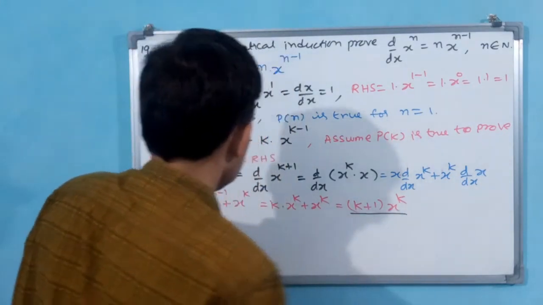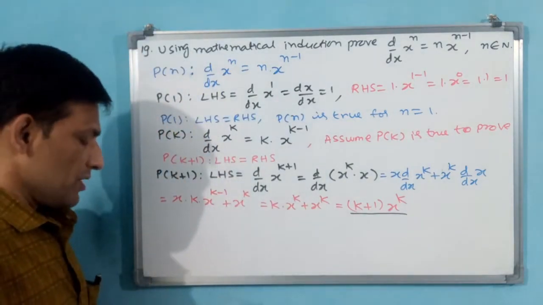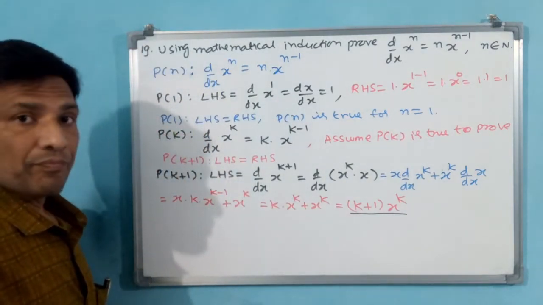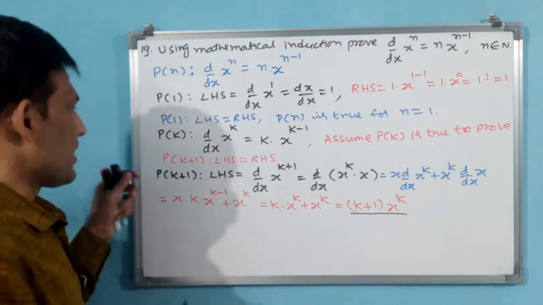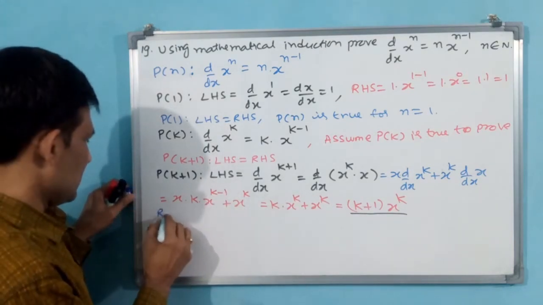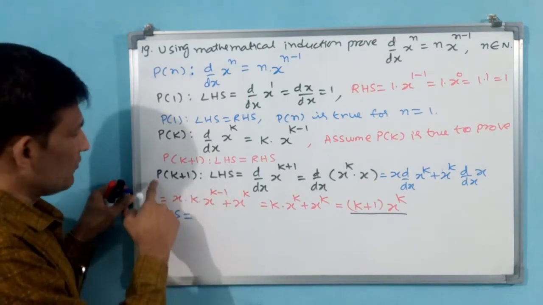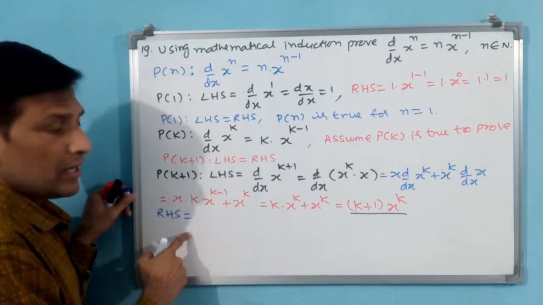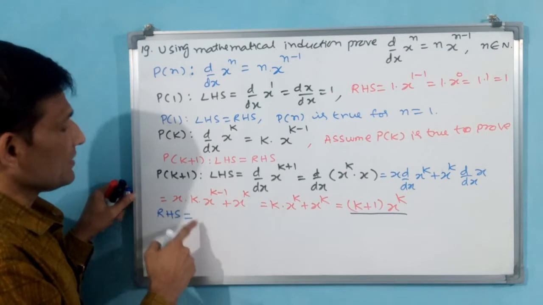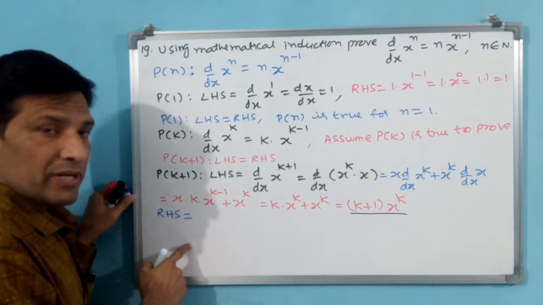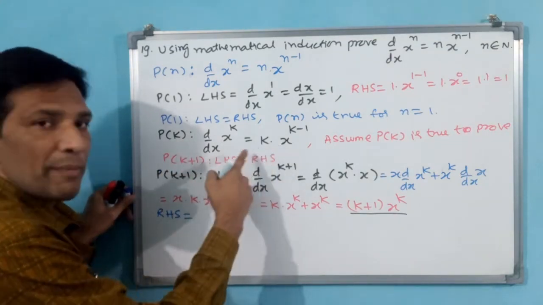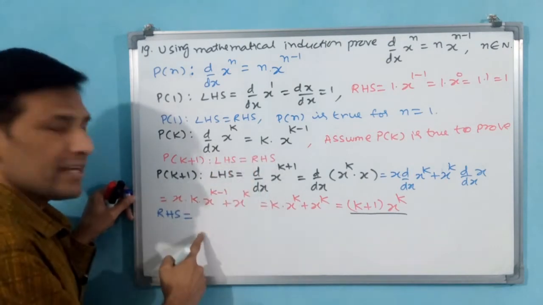I am underlining, you have to prove p of k plus 1 RHS also. I am writing RHS. RHS is equal to RHS for p of k plus 1. We are doing p of k plus 1 RHS. See, p of k plus 1 RHS means you have to copy p of k RHS, and wherever k is there, you have to write k plus 1.